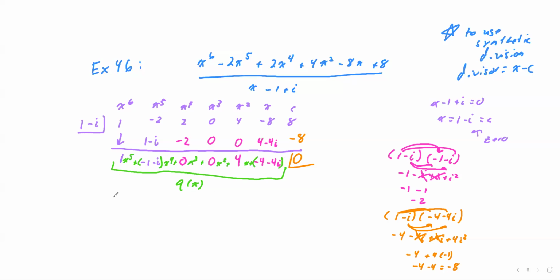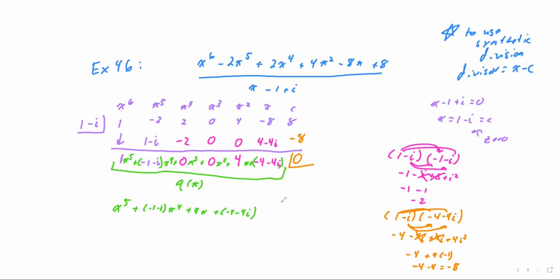So to write this out a little bit cleaner, this will become x to the fifth plus negative 1 minus i times x to the fourth. I don't need a cube. I don't need a square. Plus 4x plus negative 4 minus 4i.